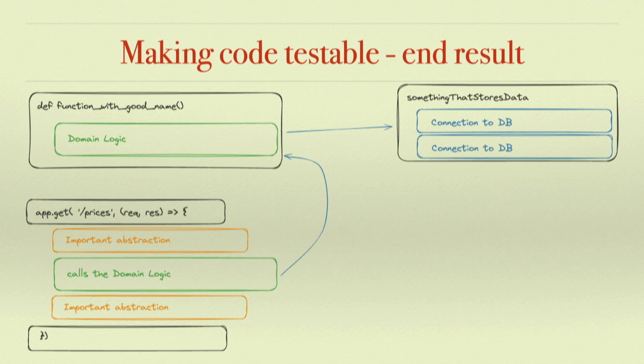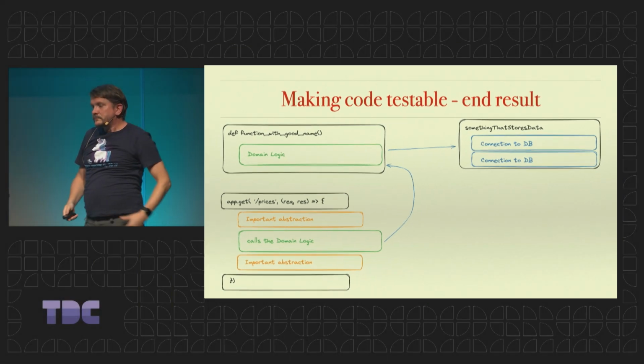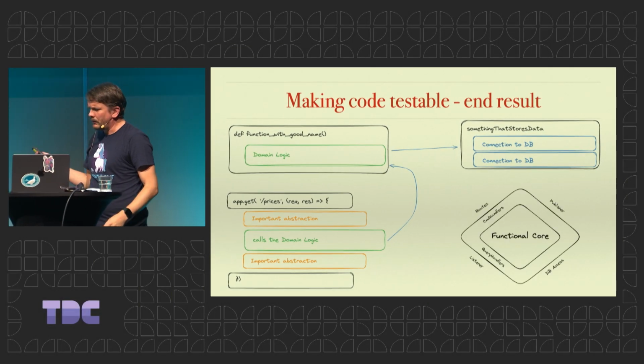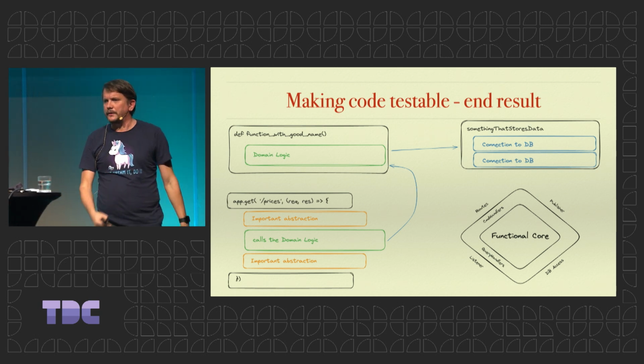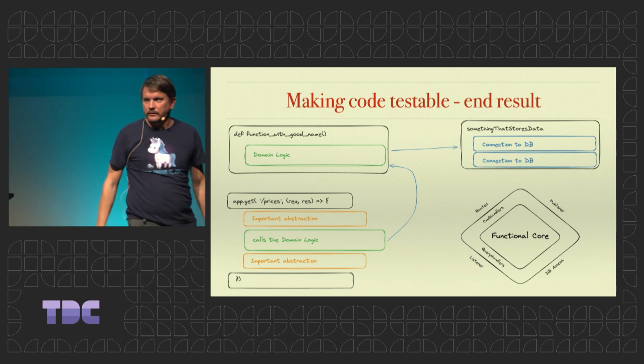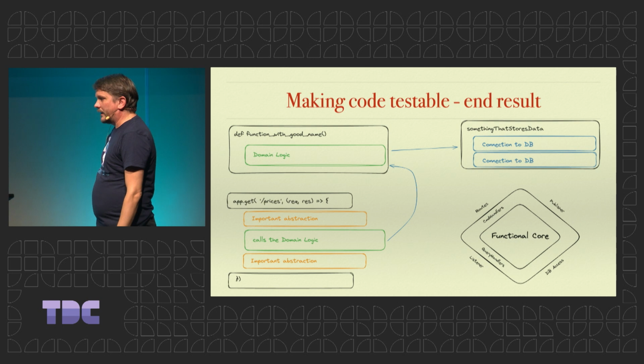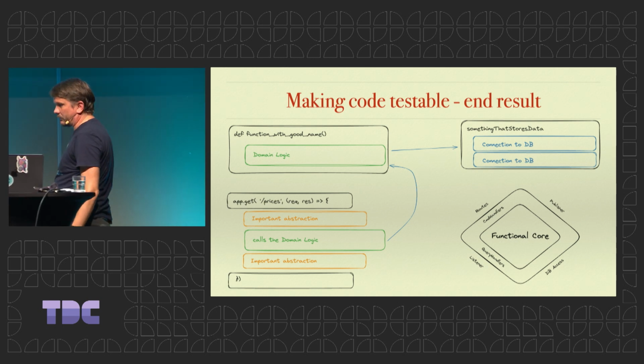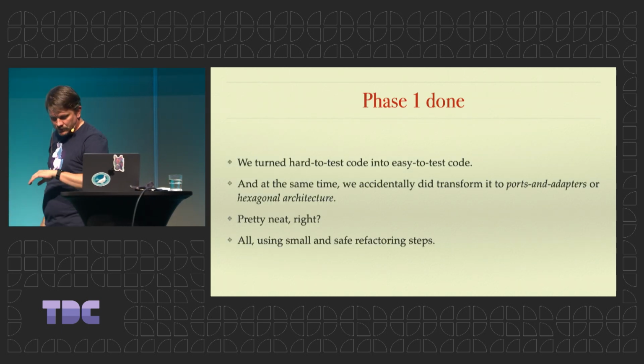But the domain logic, when I'm creating the domain logic handler, has a reference to the thing on the database. Which sort of resembles a lot the functional core imperative shell design pattern or hexagonal architecture. It's all the same. Same, but different.